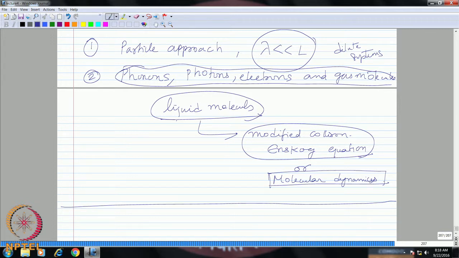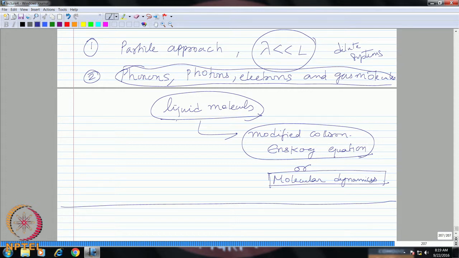Okay. So, with that we will move on to the actual transport process. So, the first case that we will consider will be the low Knudsen number case.